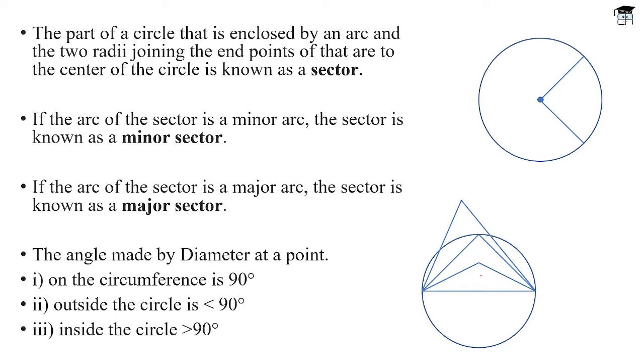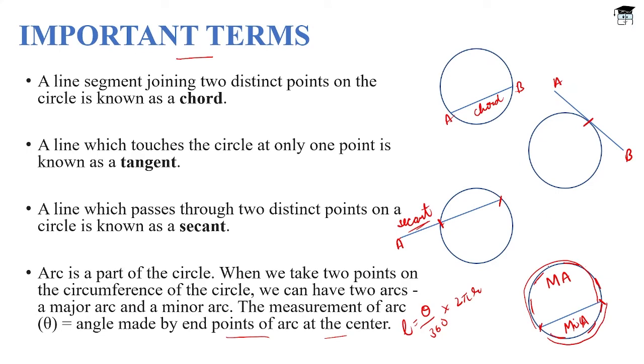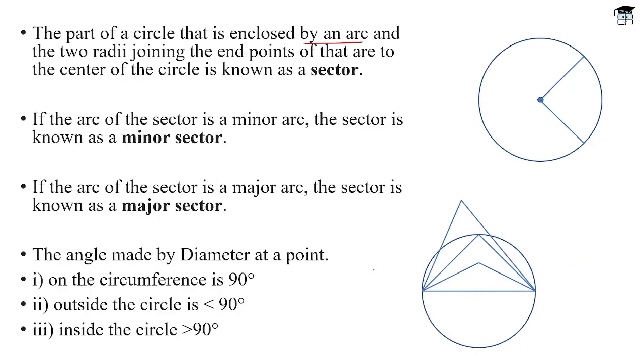Moving on to the next one, the part of a circle that is enclosed by an arc. Here you are talking about just the circumference, just the arc. This inner portion, which is enclosed by an arc, is known as a sector, either this one or this one.